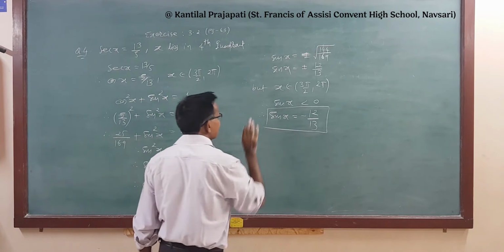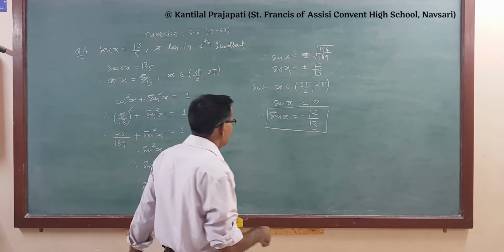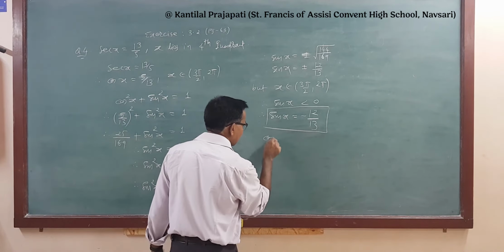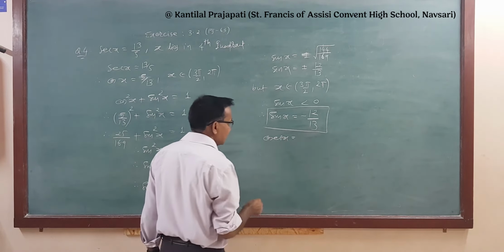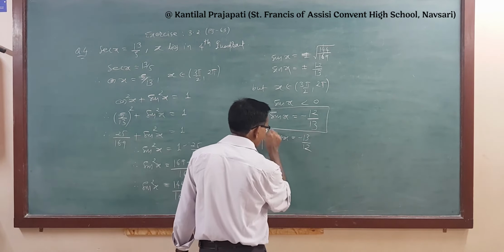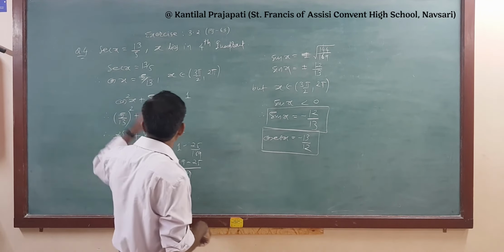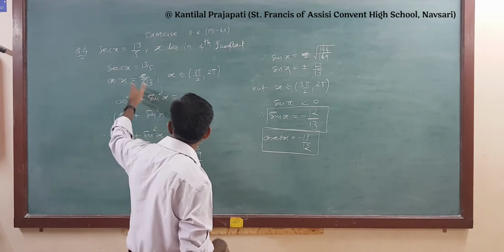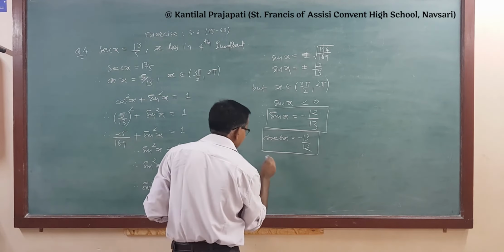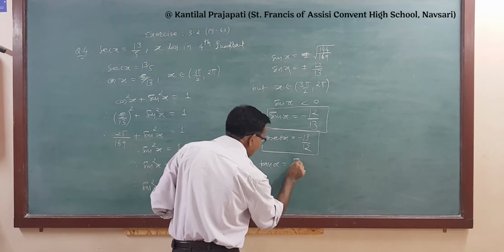If we find cos and sin, then we can find all other functions. So now we take the reciprocal of sin x, we get cosec x, and that is minus 13 upon 12. Cos x is given, sec x we have already found; sec x is given, cos x we have already found. Then tan x. What is tan x? The ratio of sin and cos.